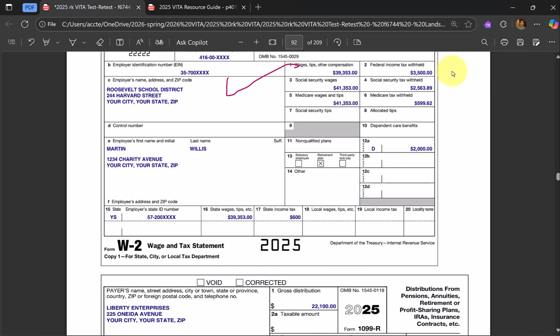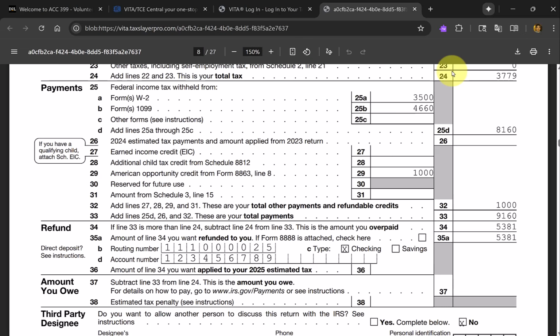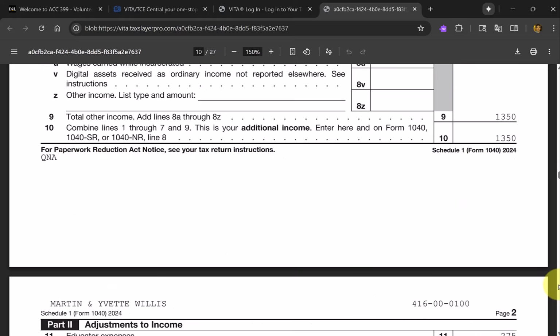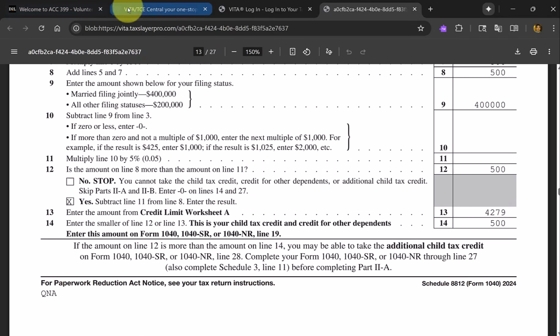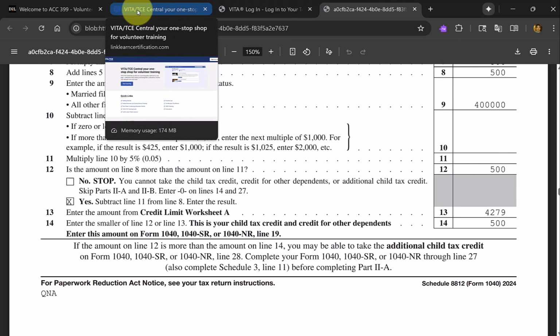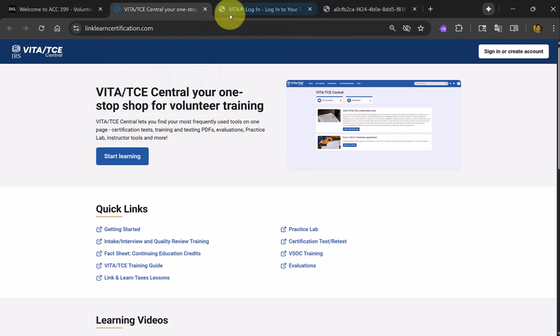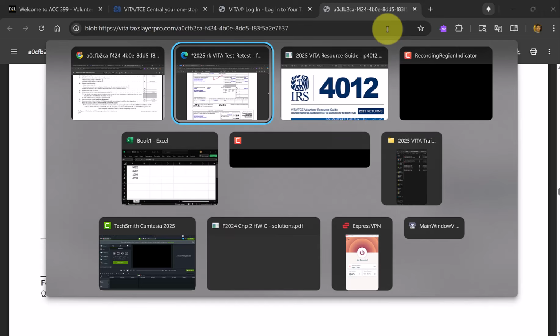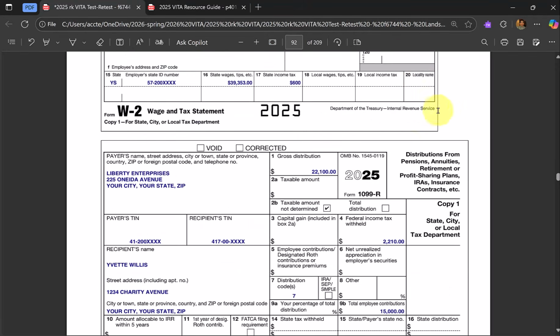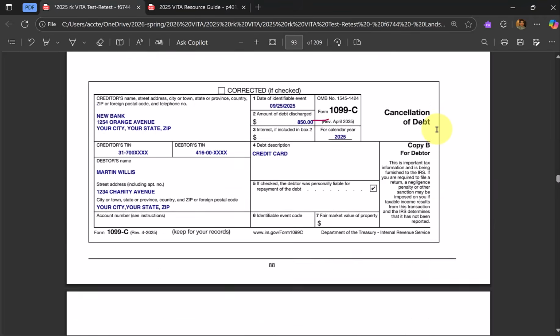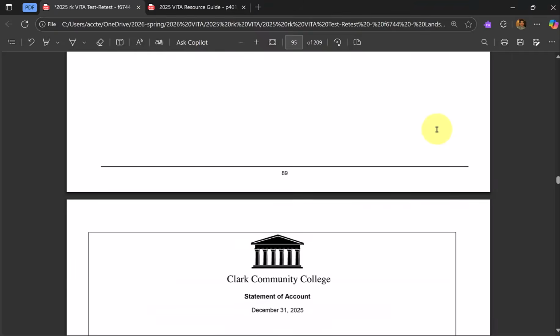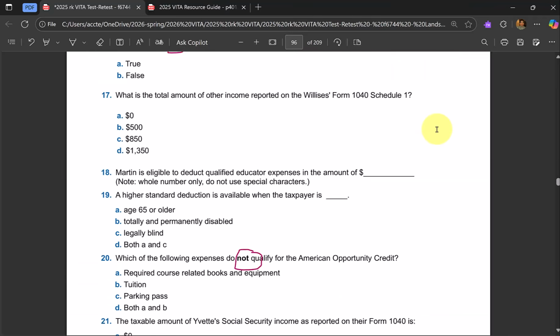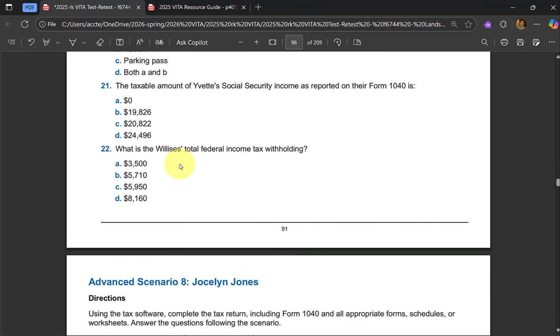Yeah? Does that answer the question? What's the question again? Wrong screen. What am I looking for? Total federal income tax withholdings. Yeah, those three amounts. Whatever the total is, yeah, is your answer.